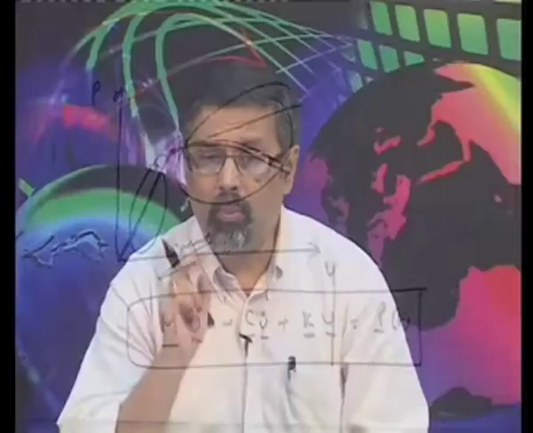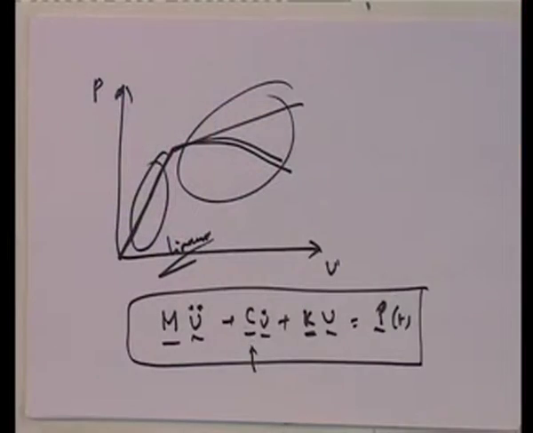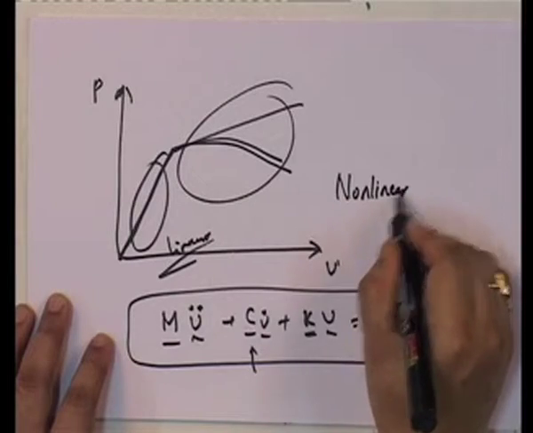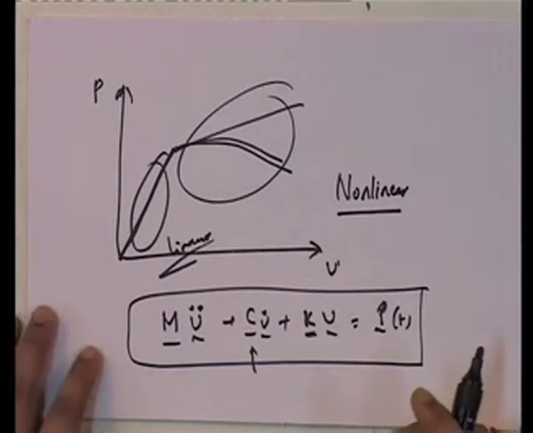And the problem is how do I get C when I have nonlinear? I need to have a C which is consistent with my definition that I have used in the linear part, mode superposition. In mode superposition, what did I say?